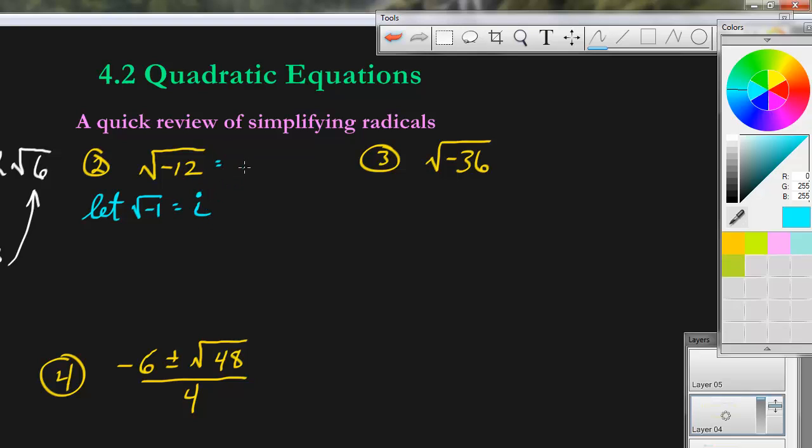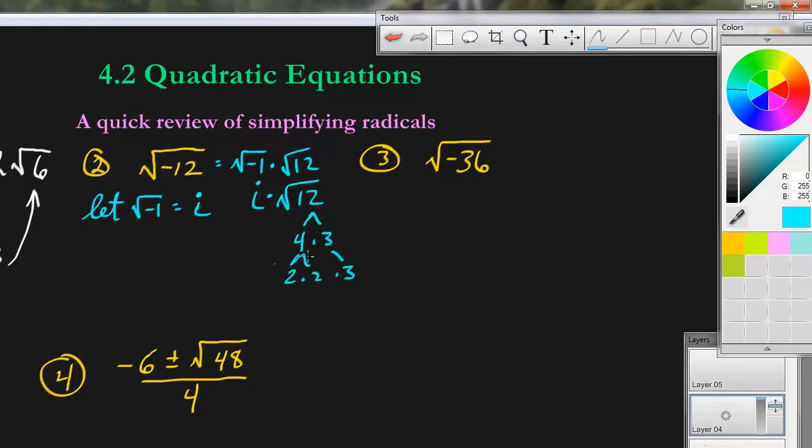So this right here is nothing more than the square root of -1 times the square root of positive 12. Think about it. That is the square root of -12. But since we can let the square root of -1 equal i, this is going to be i times radical 12. Now radical 12 can break down into 4 times 3, which is 2 times 2 times 3.